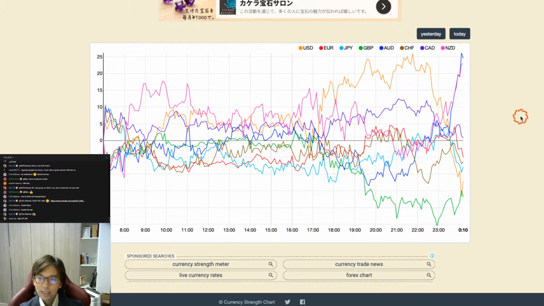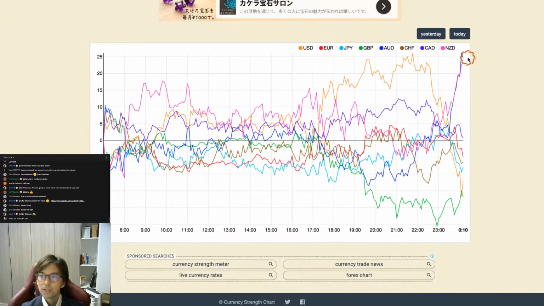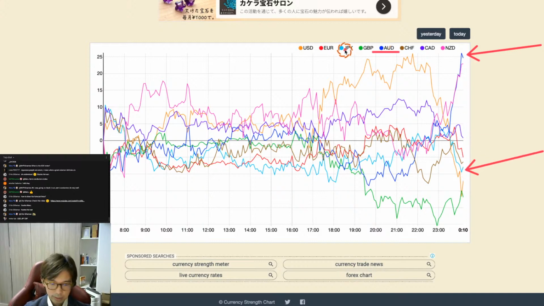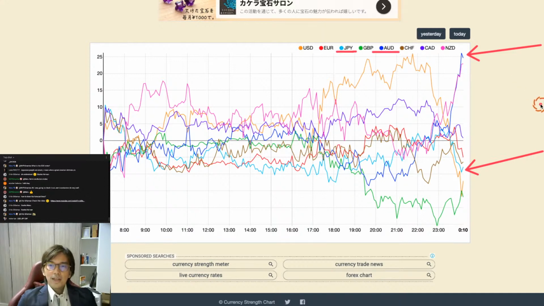So in that sense, I would say, yeah, hold on, AUD JPY is the good one, because AUD is all the way at the top. This blue one is AUD, and this light blue is the JPY. And at the moment, AUD JPY is the most volatile pair among these currencies. So that's one way to choose which one to trade for me.